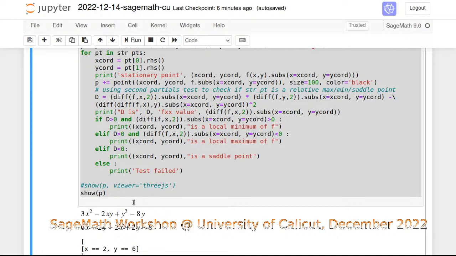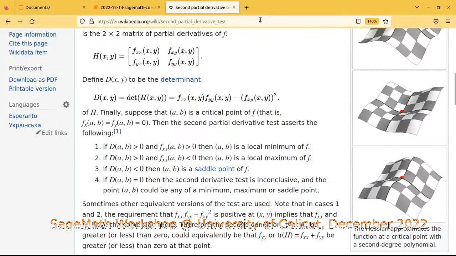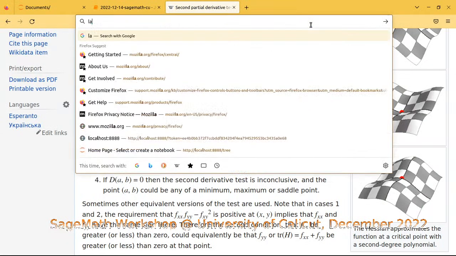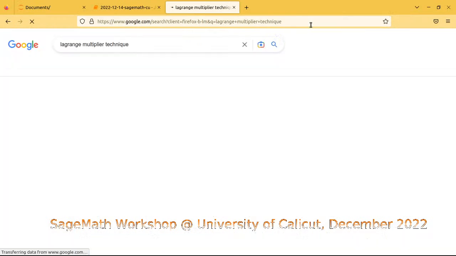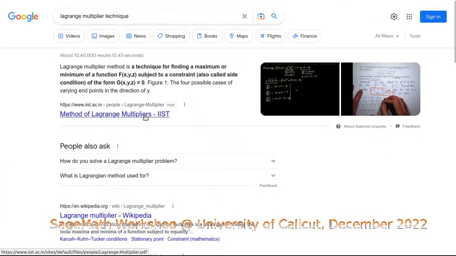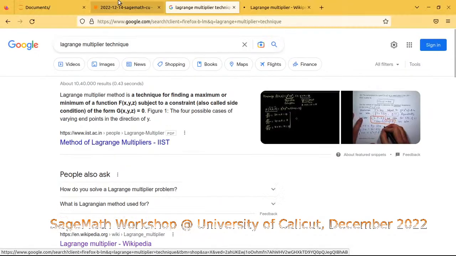So Lagrange multiplier technique, I hope that you are familiar with. I will try to share a page from where we can find all these things. So once again, Lagrange multiplier technique, it's here. So going to Wikipedia once again.